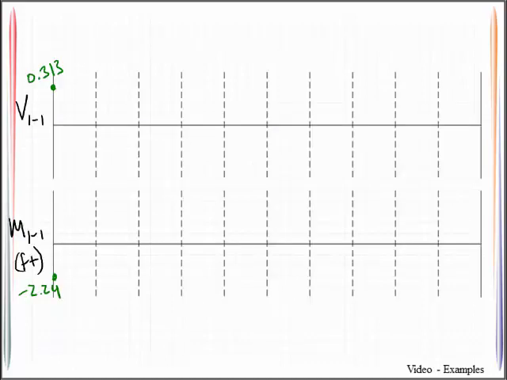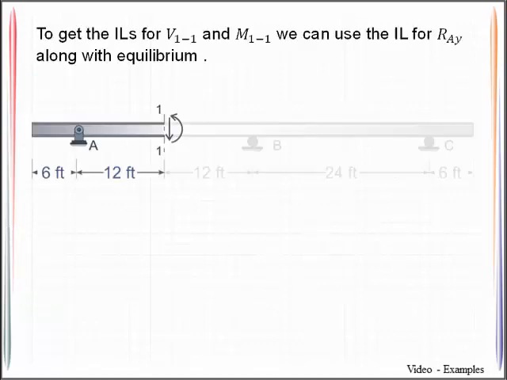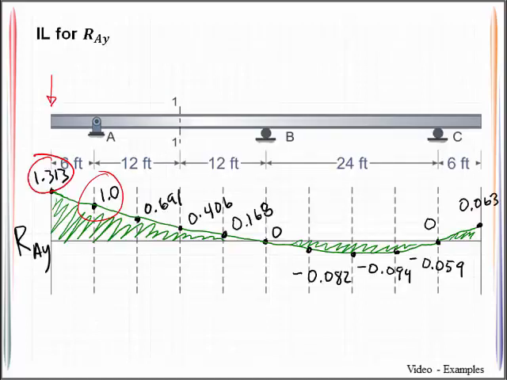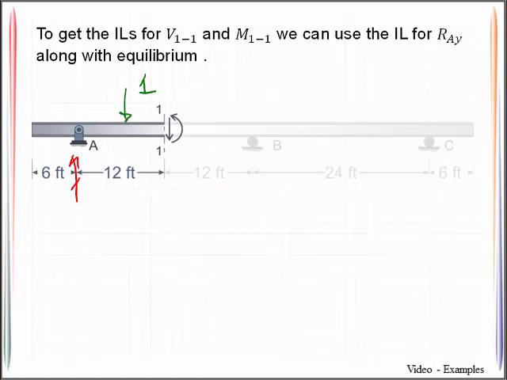Then go ahead and plot that on that influence line. So let me show you this explicitly for one more scenario. I'll place the unit load here at 6 feet out. I go back to my influence line for RAY and I see what the reaction is, 0.691. I do have that internal shear and internal moment.